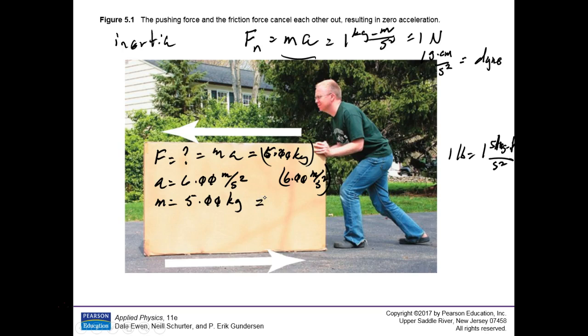What does that give you? 30.0, what unit? Kilogram meter per second squared. But what is a kilogram meter per second squared? Newton. 30.0 newtons.